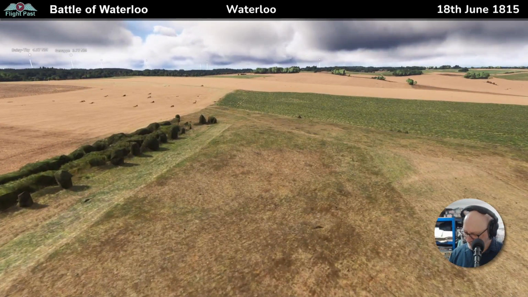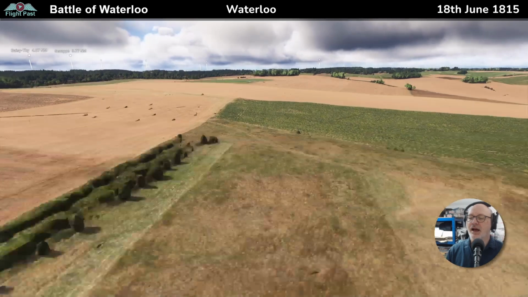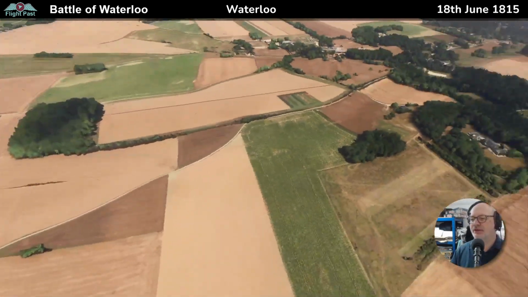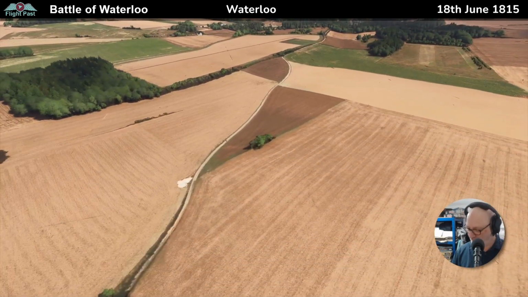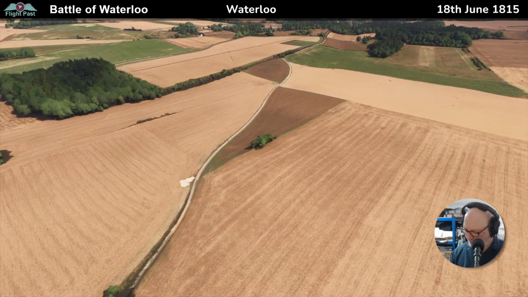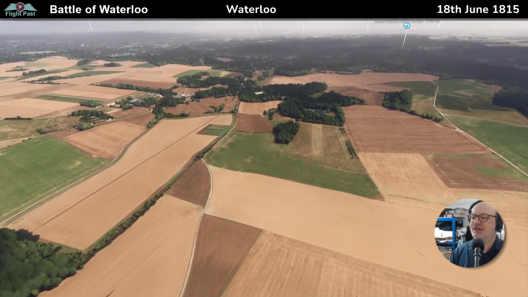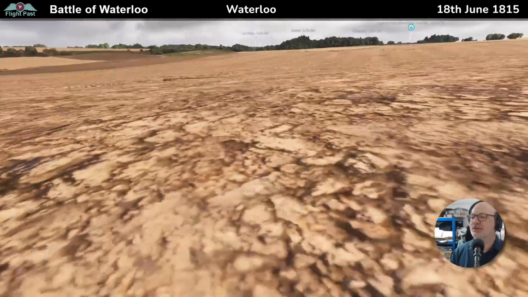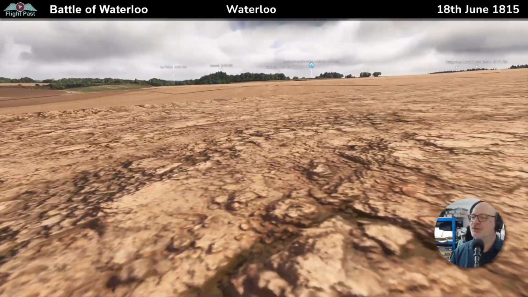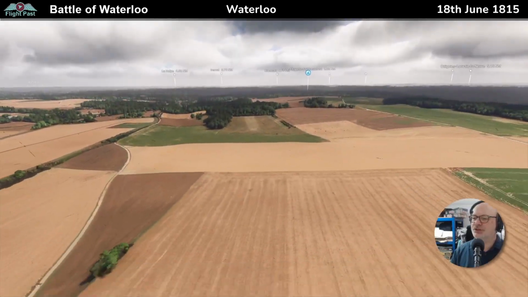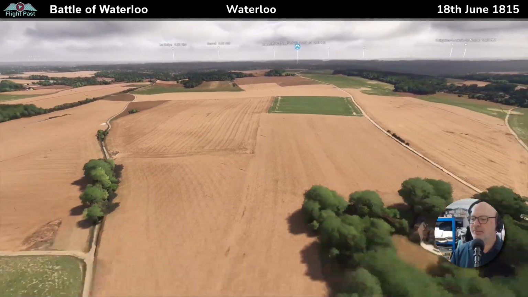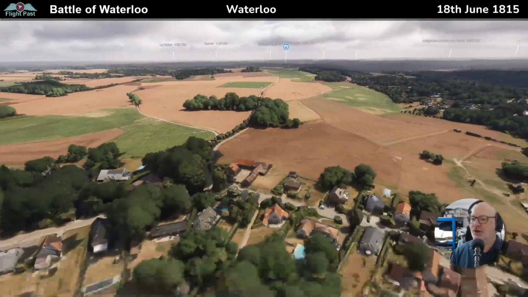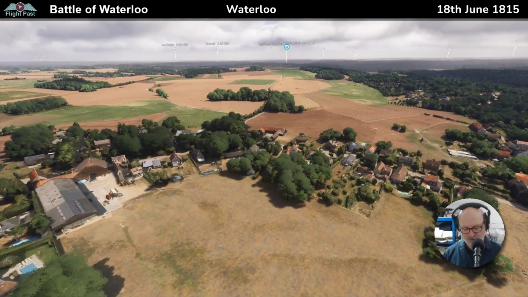Lobau starts to feel threatened in this area here, and he starts to pull back because his flank is threatened. So presumably he's in this area here. Prussians are getting up onto the ridge to his right, and he's now pulling back into the village of Plancenoit itself.